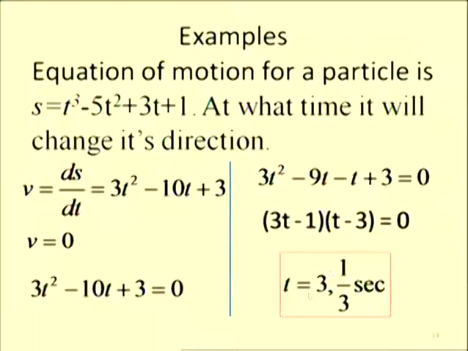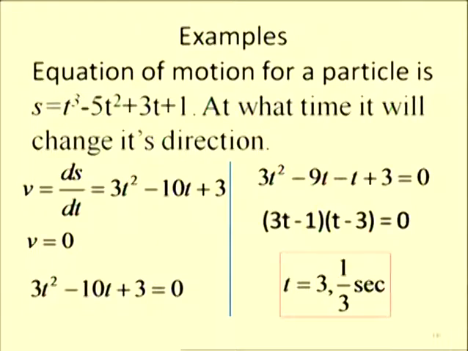So we can say that at these times the direction of the particle will change. At t is equal to 1 by 3 second and at t is equal to 3 second, the direction of motion of the particle will change, because at that time velocity becomes 0.